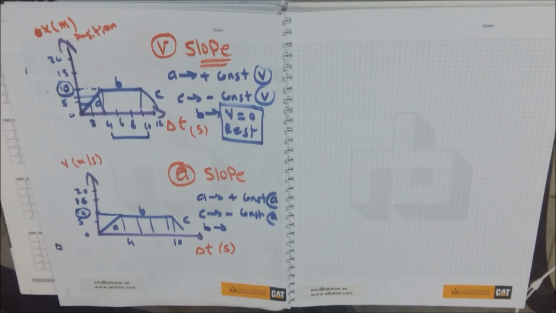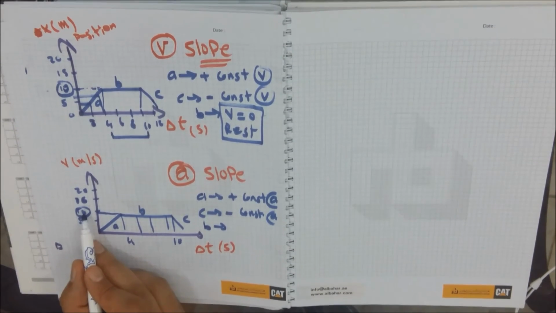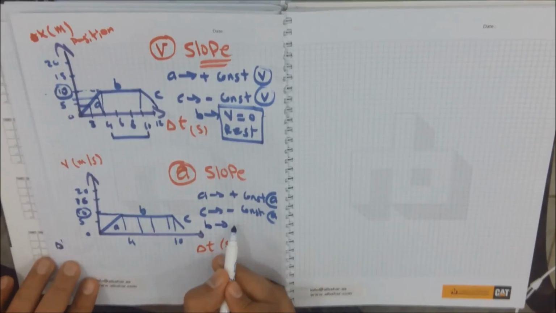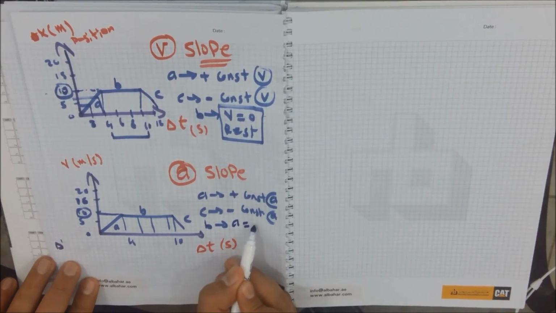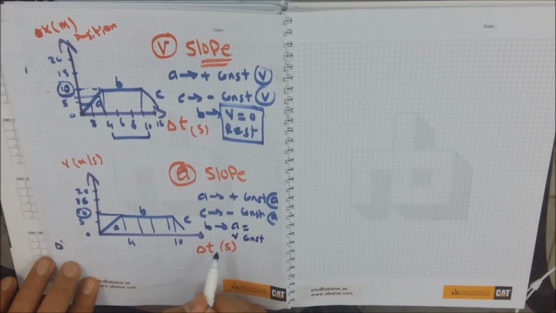What does this mean? Does this mean that the car was at rest? It didn't move? No, exactly, because there is a value of velocity here. It is 10 meters per second. So the car actually was moving, but the movement of the car was constant. The velocity of the car was 10. So this means that acceleration was, if the velocity is constant, it doesn't change.